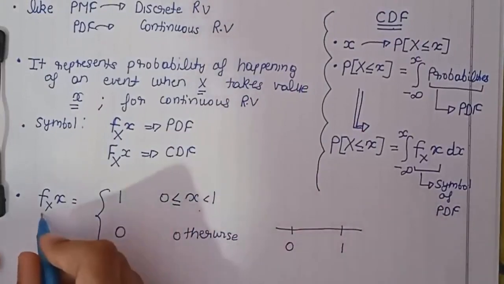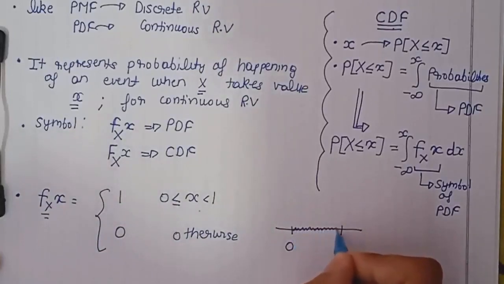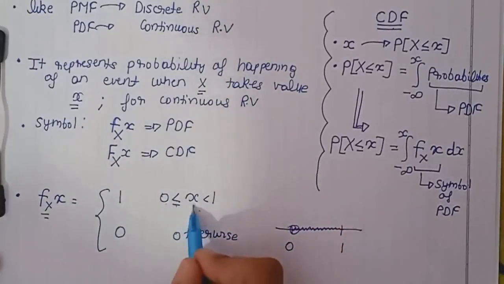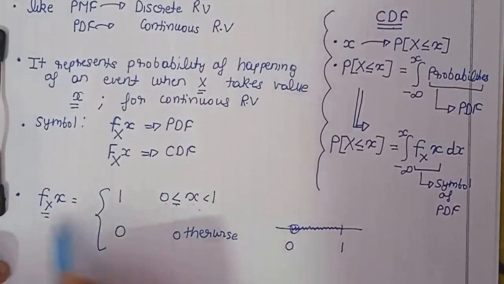So since this is a PDF, x can take all real number values between 0 and 1 that you can think of, including 0, since here there is an equal to sign. If this were a PMF, then X could take only some discrete, countable, finite values. But since this is a PDF and PDF is used for a continuous random variable, this X varies in a continuous range.